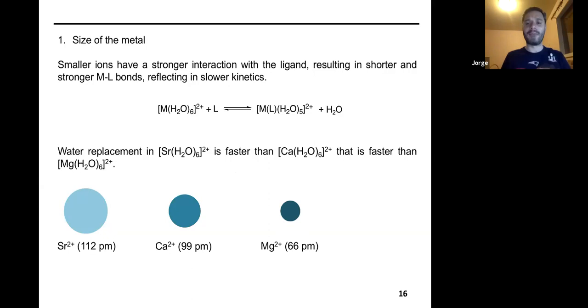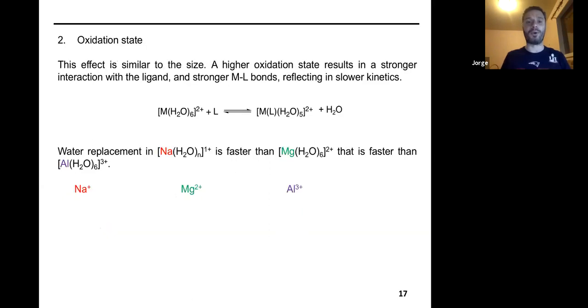And that's basically the same principle that we have for the oxidation state. Very similar to the size effect. Higher oxidation state results in a stronger interaction with the ligand. Again, stronger bonds reflecting in slower kinetics.